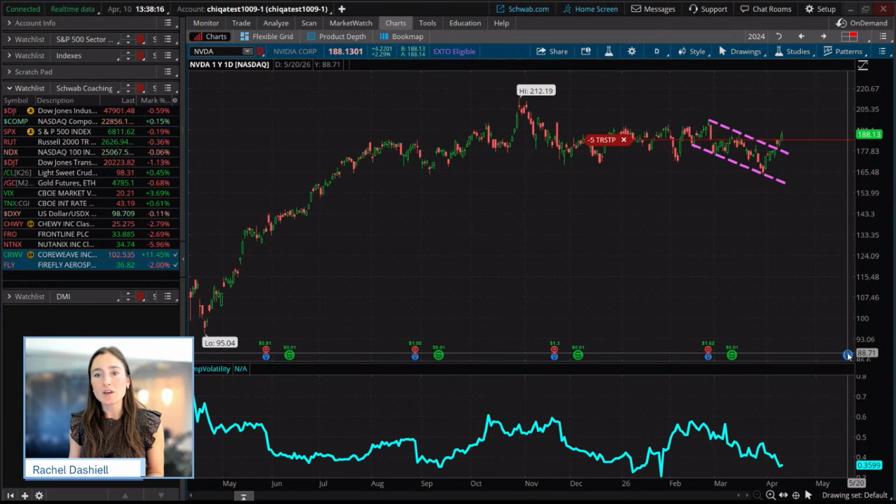Now, again, we also have that trailing stop set in place, but we can also override that system anytime and say, hey, we do want to get out. We do want to take profit. So keep that in mind. But knowing where the earnings falls right around the corner is definitely very important, because obviously with a lot of earnings announcements, you have a lot of uncertainty. You have implied volatility increasing leading up to that event.